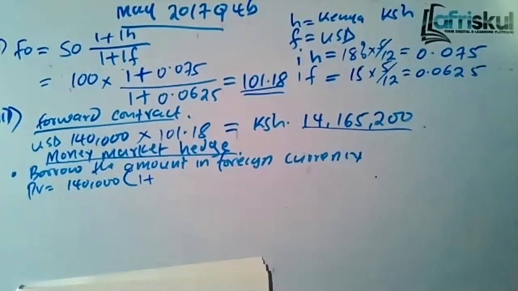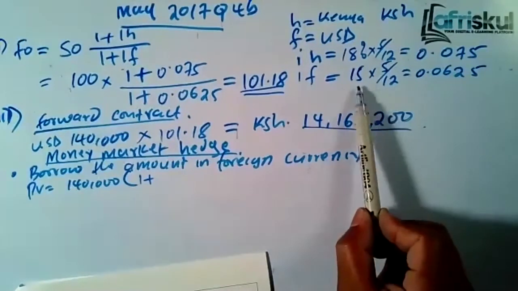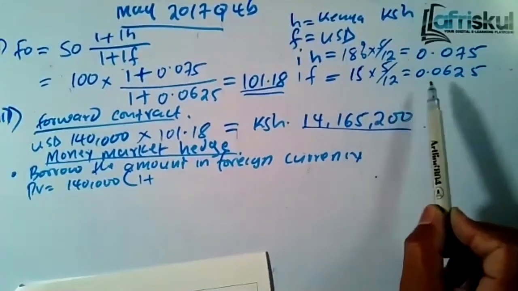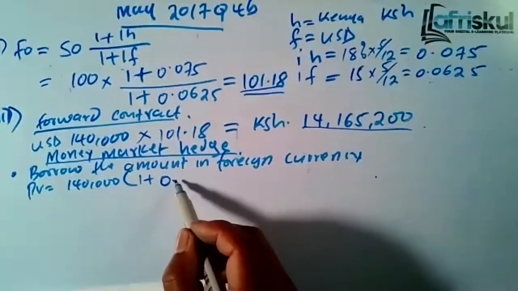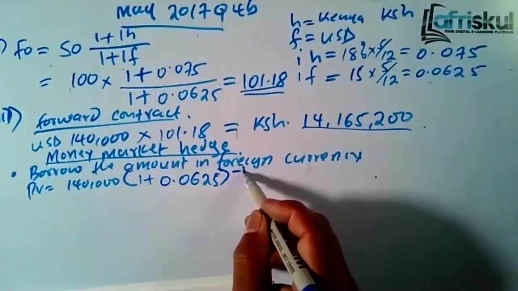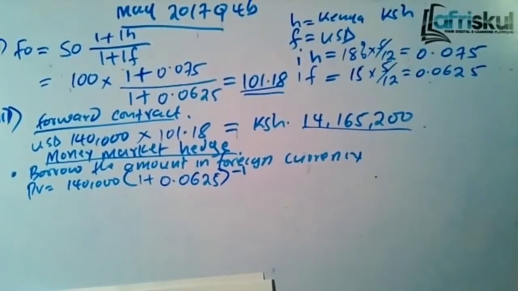Remember, we are borrowing in US dollars. And the borrowing rate in US dollars was 15% interest at foreign currency. It's 15 times 5 over 12, the rate was 0.0625 raised to power -1. You borrow the amount in foreign currency, which is US dollars.